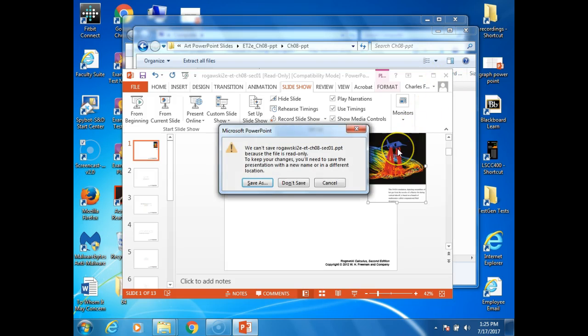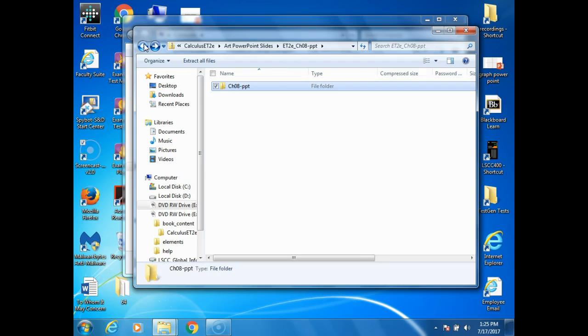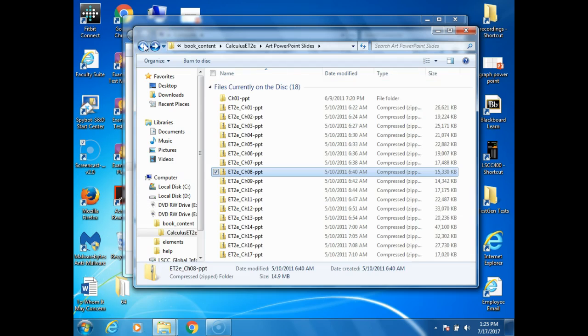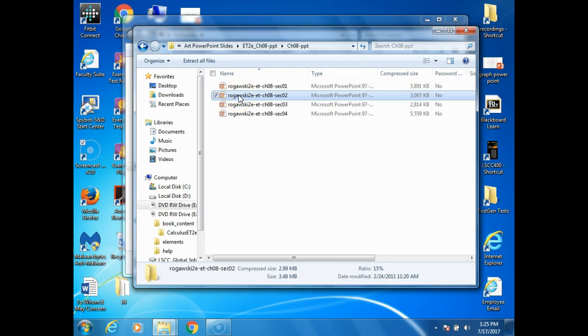Wait a minute. Why is it giving me this? We can't save that because the file is read-only. Well, don't save it then. I didn't ask you to save it. Ugh. Okay. Whoa, I messed that up. All right, 8.2.